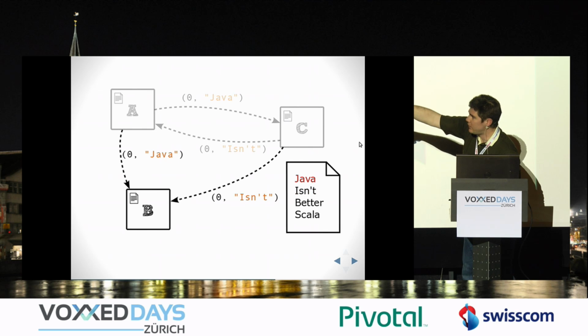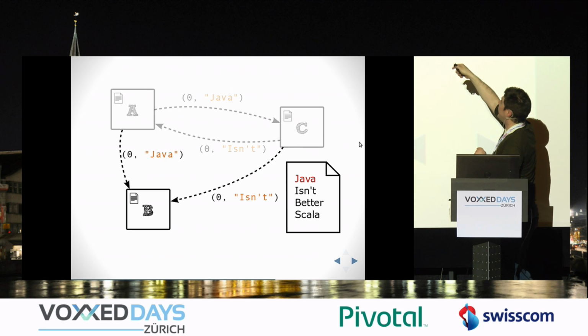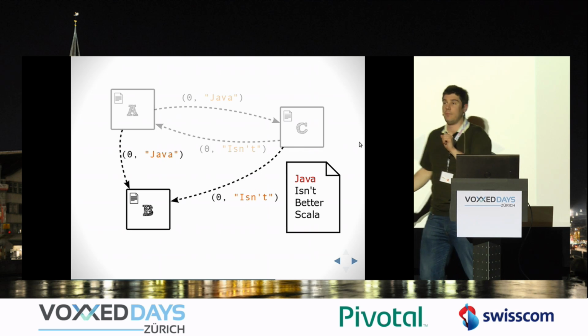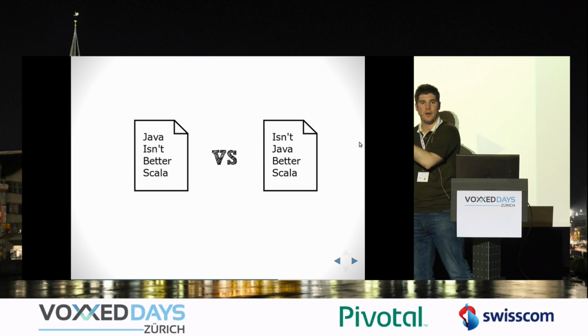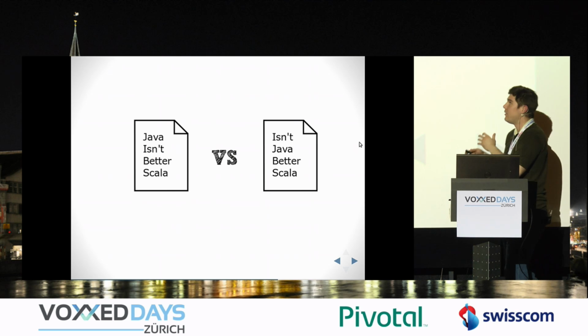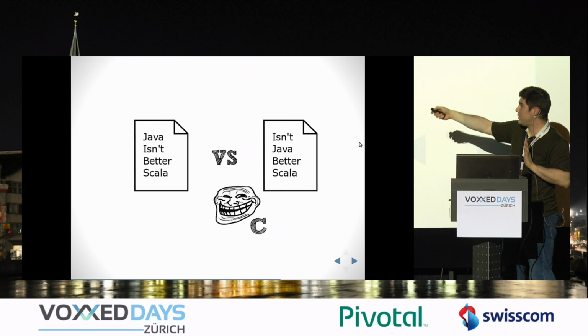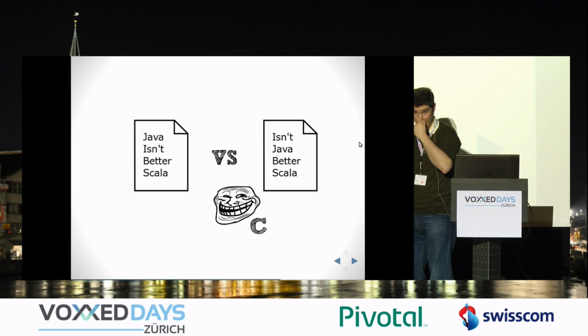And if this message finally arrives at B, he'll do what it says, insert Java at location 0, and this document will become Java isn't better Scala. So if you compare these two titles, they actually convey a very different message. And they have very different results, right? And from this, A and B might conclude that C is some kind of a troll here who's trying to start a flame war, right?